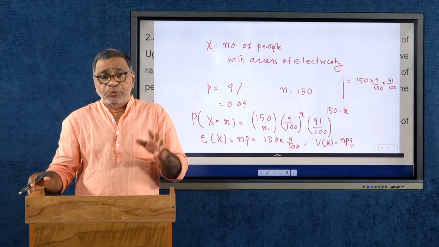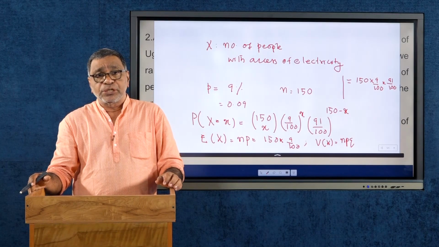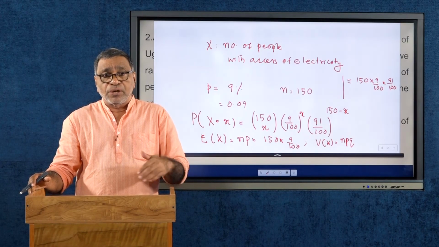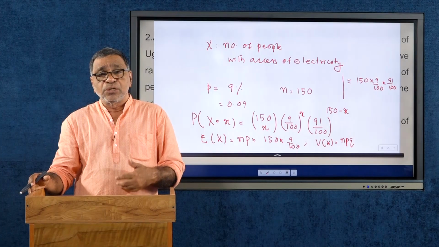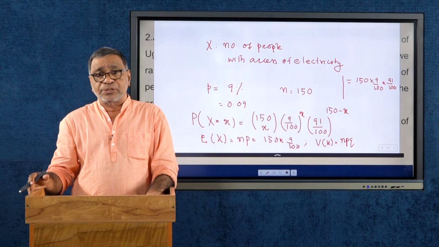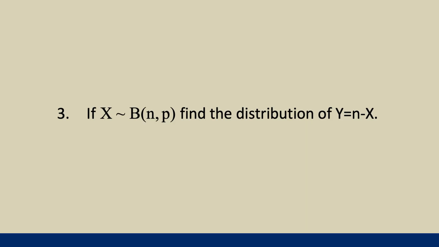So, this is a situation where we apply the binomial probability mass function, and on the basis of it we find probabilities, the mean, the standard deviation, or the variance of the population.